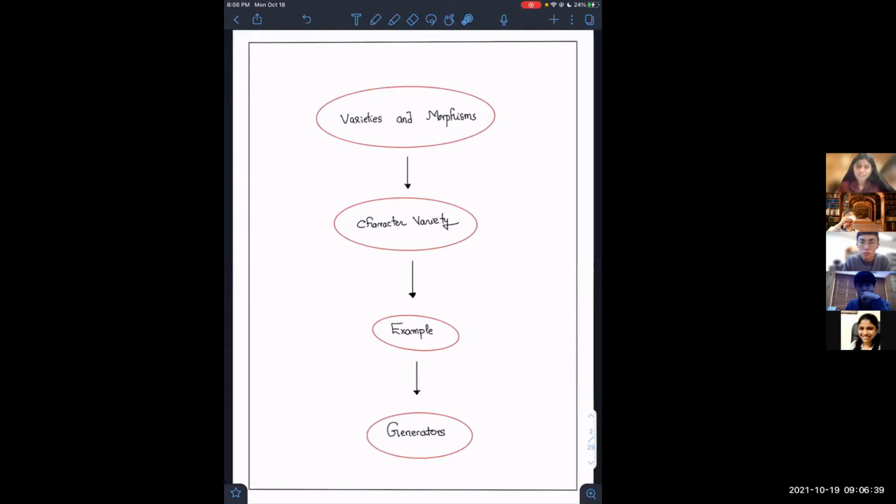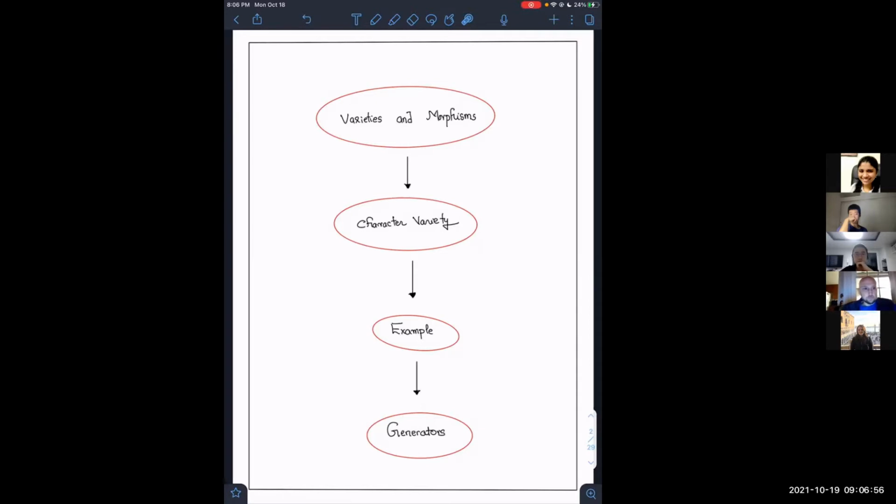Okay, so the structure of the talk: I want to start with the definition of varieties. If there are people who are already familiar with it, please bear with me for a minute.